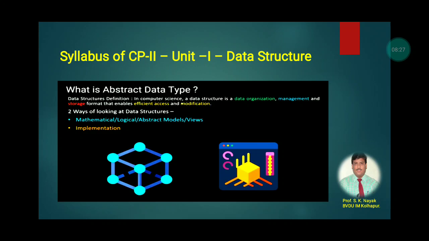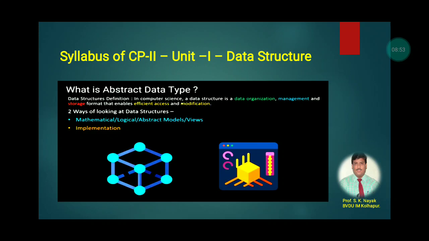Now why are we managing the data in the storage area? Because we have to access the data in a particular time without spending maximum time. So efficiently we can access it without getting any errors.